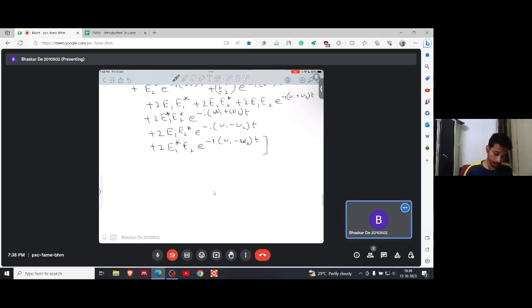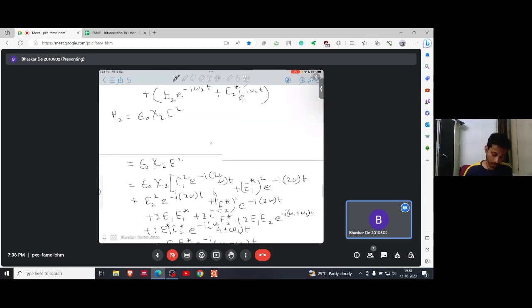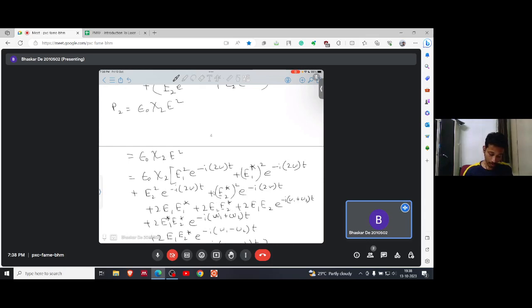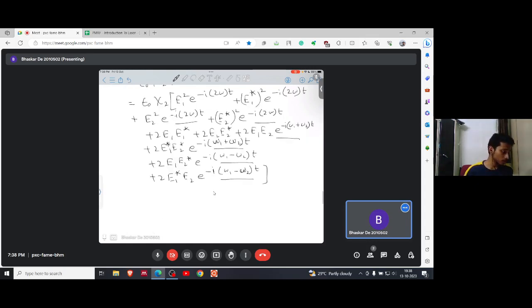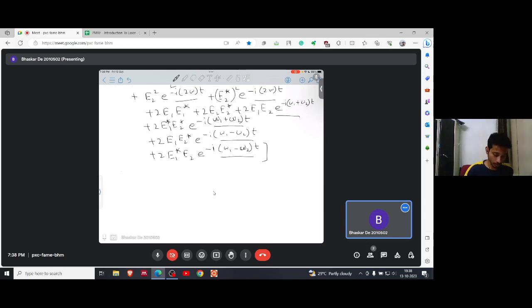If you look at these terms, you can see this is the 2 omega, this is omega 1 plus omega 2, and this is omega 1 minus omega 2. So 2 omega 1 and 2 omega 2 are second harmonic generation.